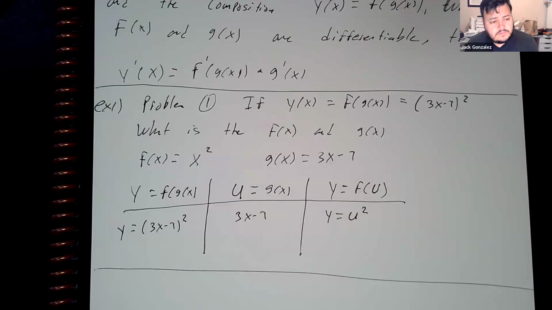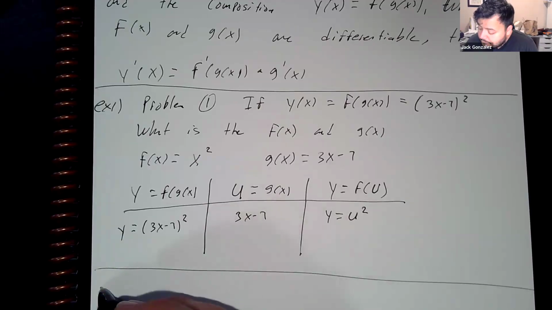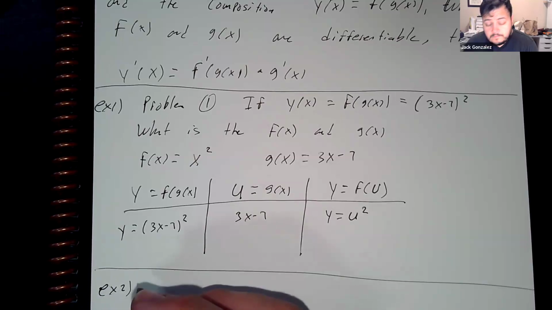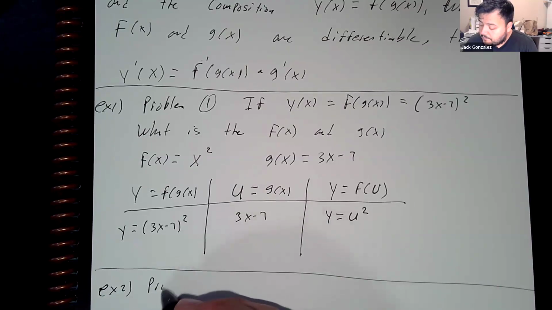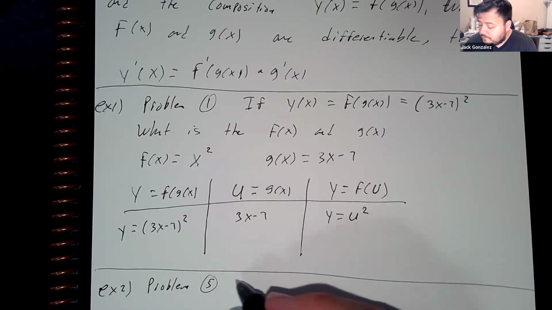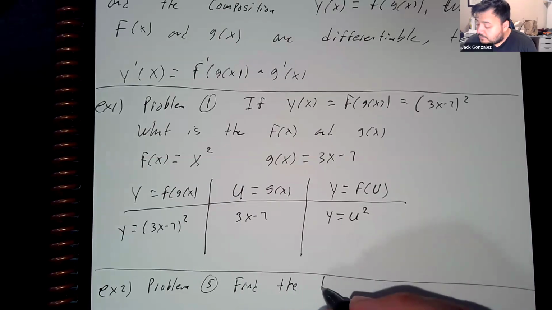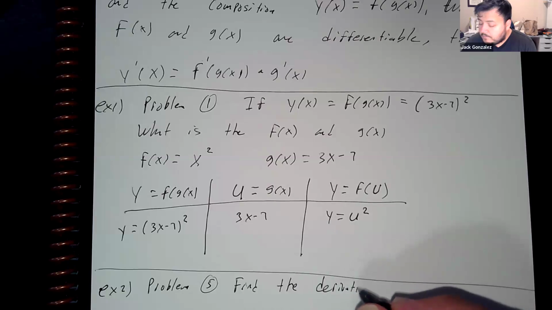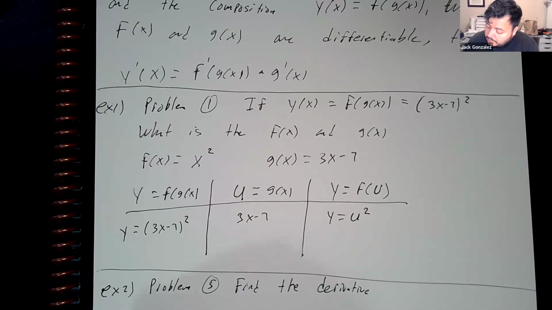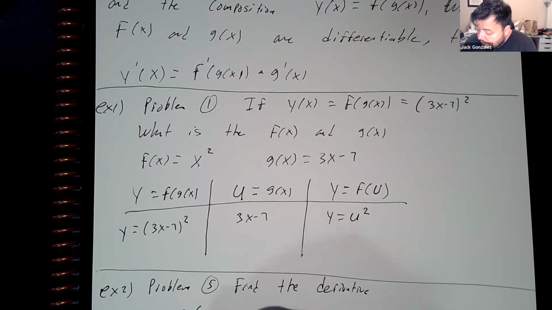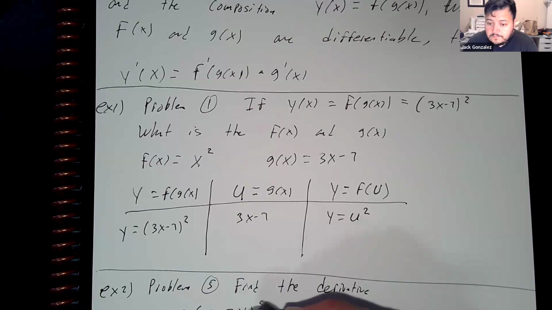Anyway, let's go to actually do the work now. Find the derivative. So y of x is equal to 2 times (5 minus 7x) to the 5th.